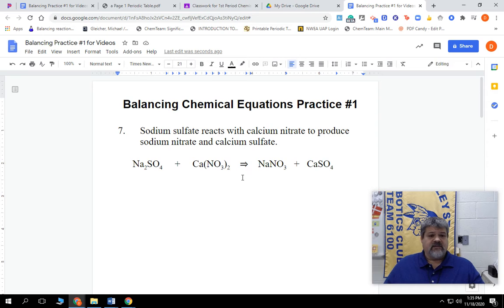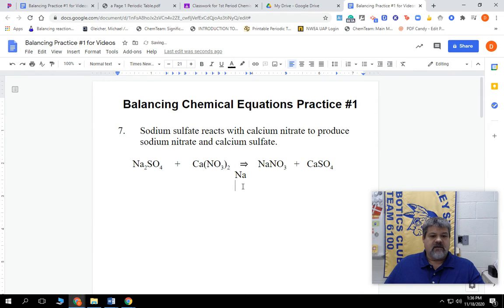So how are we going to balance these? We are going to go ahead and put all the things that we have down here. But one of the things is we always said we're going to keep the polyatomic ions together. So we're going to put our Na, we'll tab over to the center here. Okay. And we're going to put our sodium. And then our next one is going to be our calcium right here.